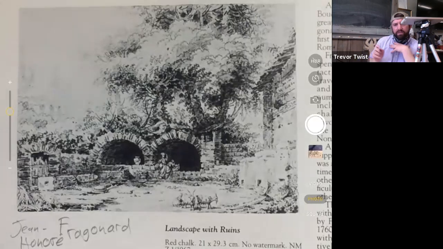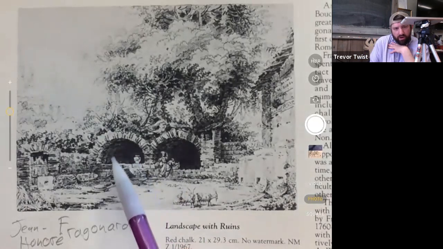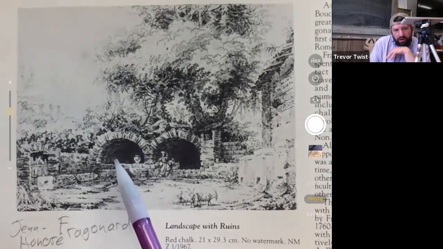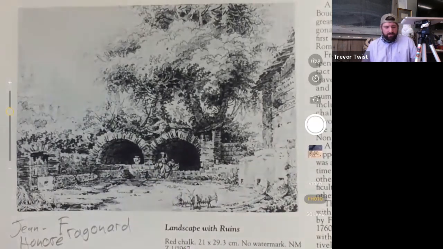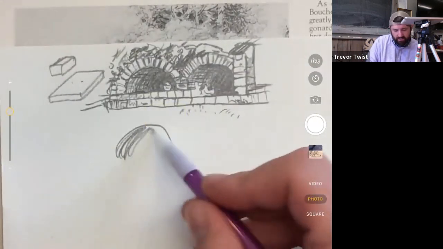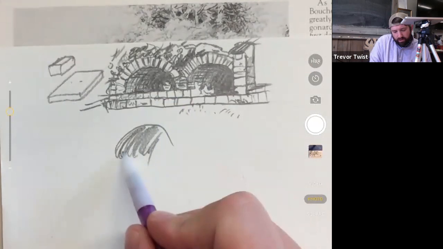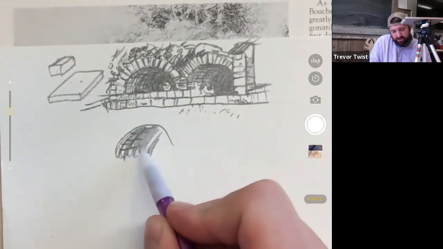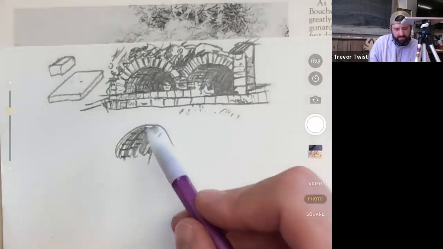Excellent. The only thing I would say you could improve is, if you look up here, see how you did all the sideways arches that went this direction? That's exactly right. You can also come across with little tick marks. So all your shading went like this mostly, and if you come across with some horizontals, you'll be able to give suggestions of the bricks.